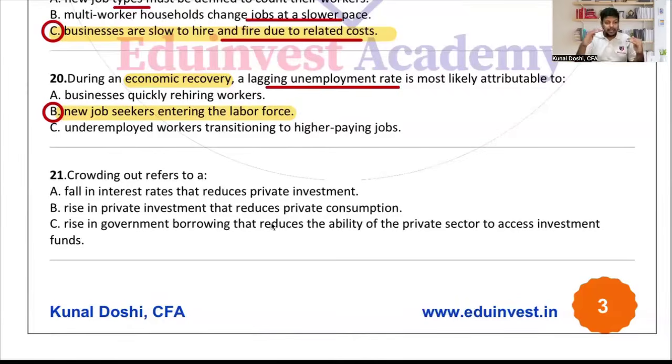So the unemployment rate, I'll tell you one very interesting thing. If the businesses are not keen to hire, the unemployment rate is always going to keep on rising in an economy like India, because every year millions of people come out in the market for jobs. Understood? First of all, government is inefficient globally to provide jobs.